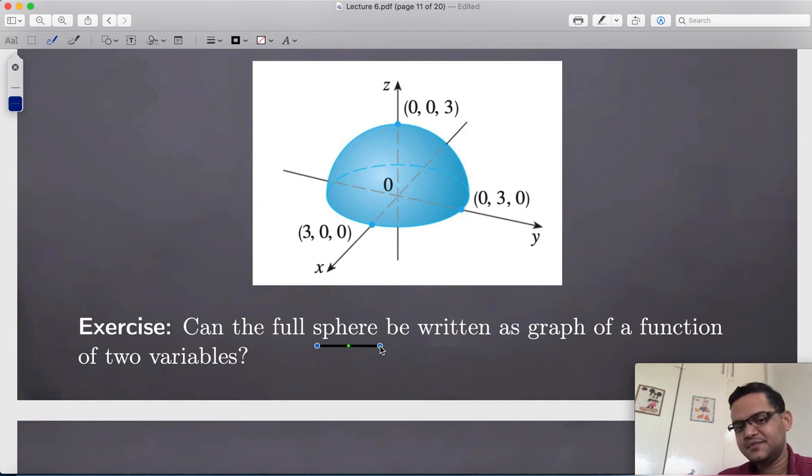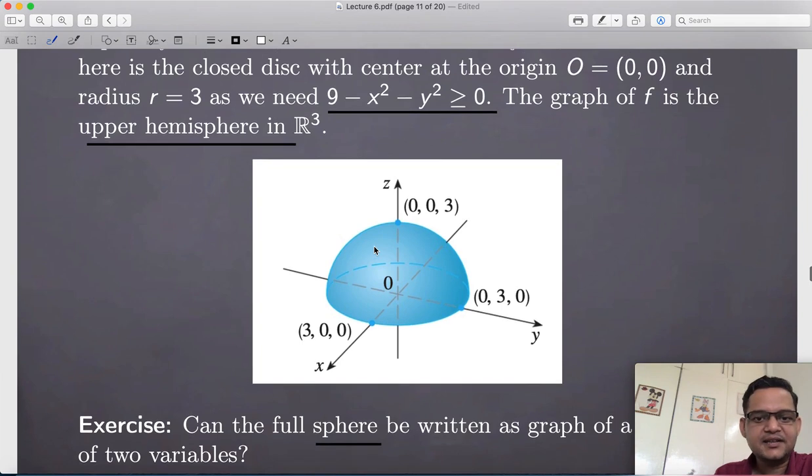Can I do the same if I consider the whole sphere? So the question is, can the sphere be written as the graph of a function of two variables? Think about it. What will happen when I also want to include this? Is something going wrong here in terms of the definition of function? Okay, so think about it.